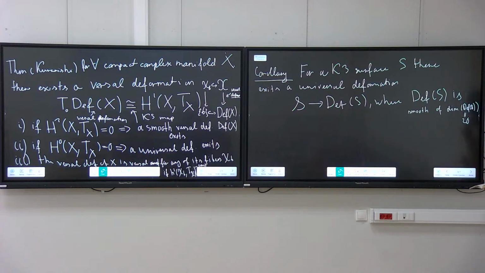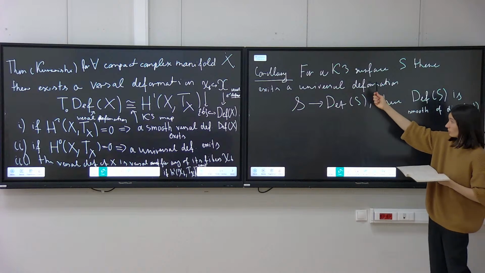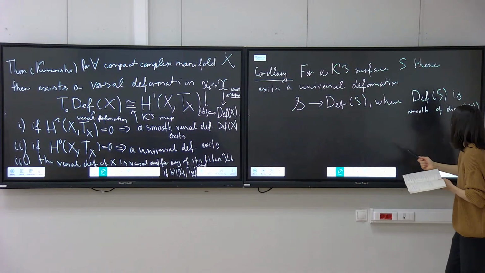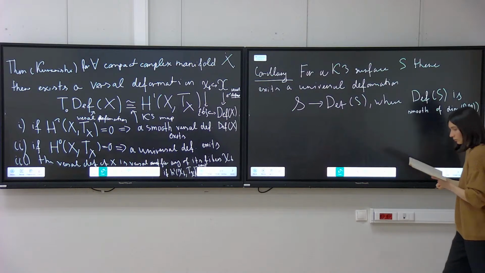So if we have a K3 surface, then there exists a smooth universal deformation of it. And the dimension is 20.